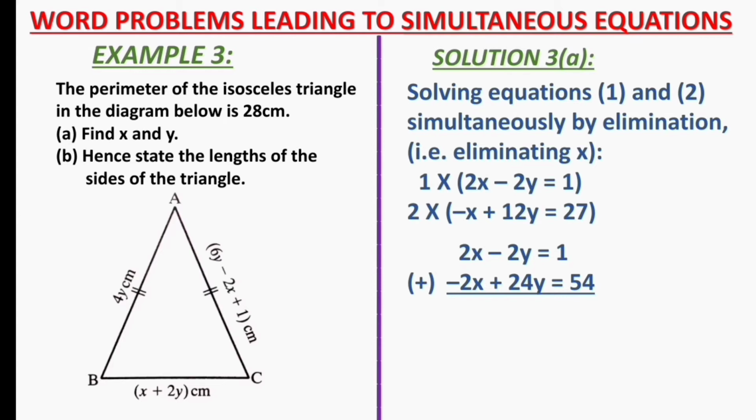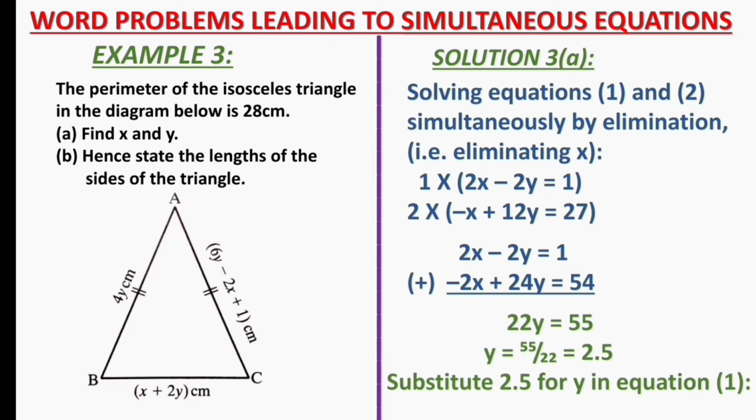Now when you add the two equations, what are you going to find? Let's see. Adding the two equations, we're going to have 2x plus minus 2x, which should eliminate as 0. Also, you are going to have minus 2y plus 24y, which will give you 22y.